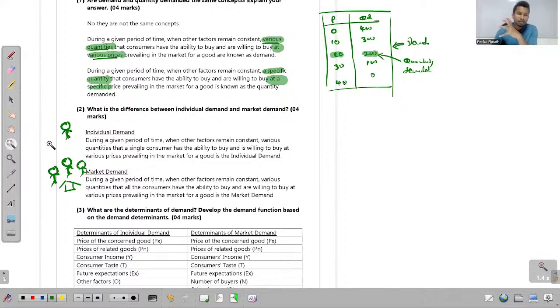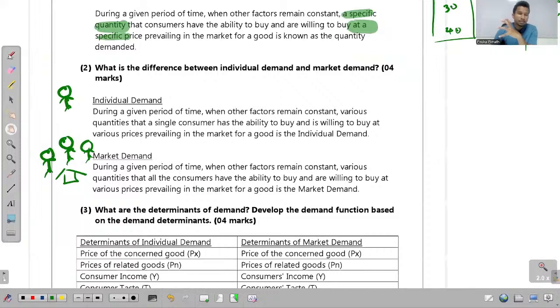So if you look at the given answers here, it says individual demand: during a given period of time when other factors remain constant, various quantities that a single consumer has the ability to buy and is willing to buy at various prices prevailing in the market is known as the individual demand. So I have written this in singular, right? I'm referring to a single consumer.